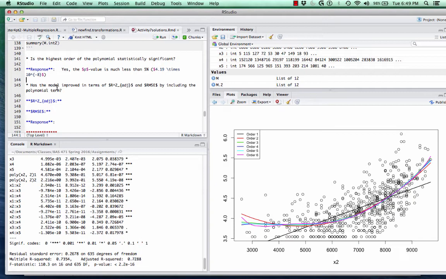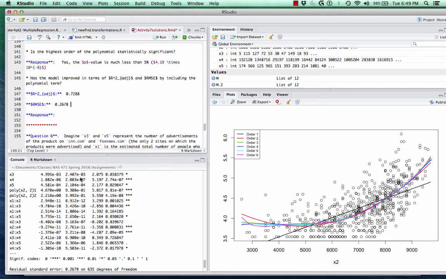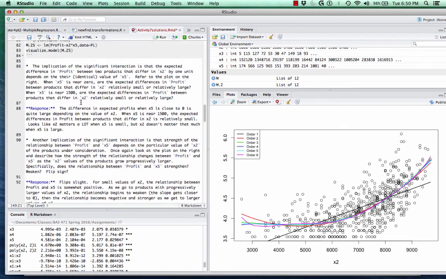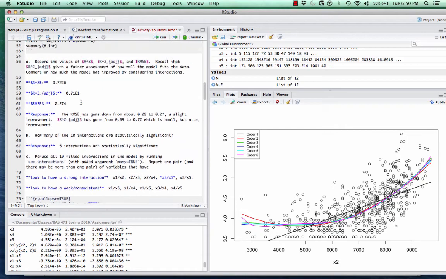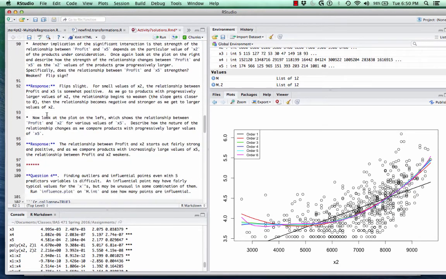Has the model improved in terms of r-squared adjusted and root mean squared error? Well, let's copy and paste this r-squared adjusted, and let's copy and paste this root mean squared error. And let's compare that to the model that we had without that polynomial term. So with all two-way interactions, that was a long time ago, we have an r-squared adjusted and root mean squared error of those two numbers.